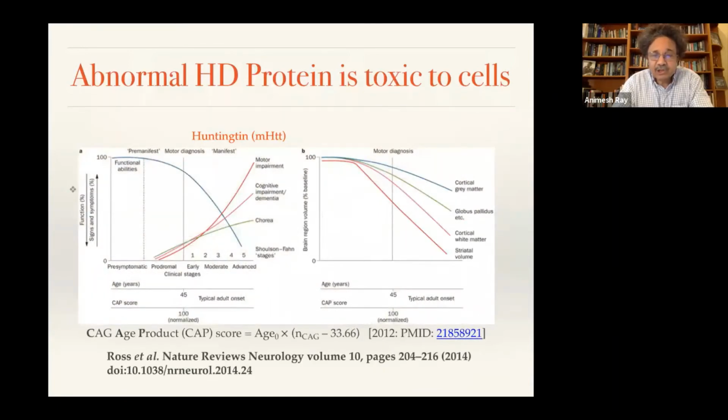So clinicians have come up with a so-called CAP score, which is derived by the age of onset times the number of CAG repeats minus 33.66, an empirical equation that gives them a score by which they can predict how badly people are going to be affected at what age when a patient comes through the door.